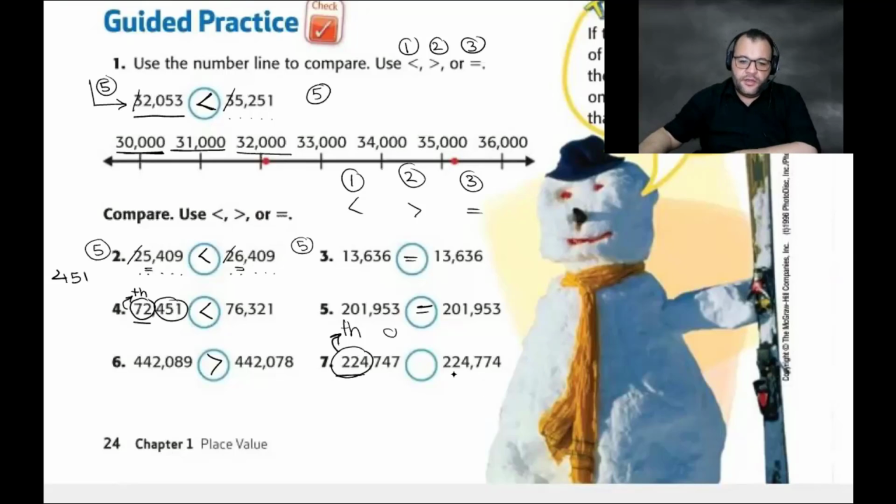Then read the second number. 224,774. Okay. So which one is bigger? Do I write smaller than, greater than, or equal? Smaller than. The first number is smaller than the second one.